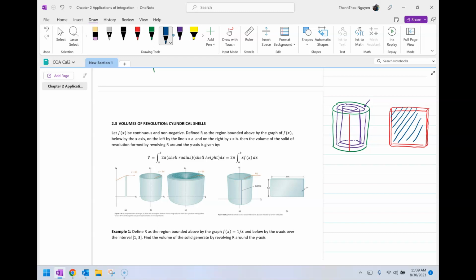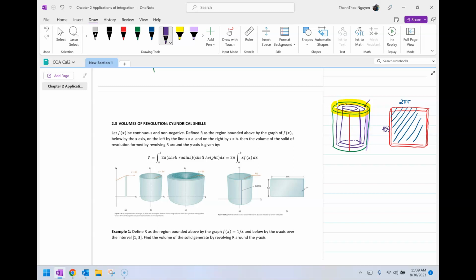Note that if you cut it up and roll it out, the length of the outer layer is just the circumference of the circular base of that cylinder, and that circumference is 2 pi r. And the height of this cylinder is whatever that function f of x would be.